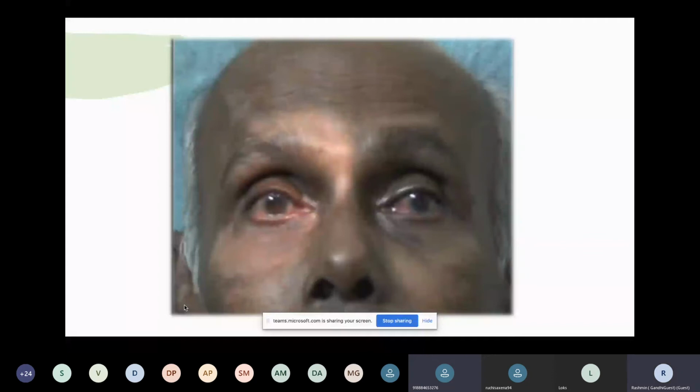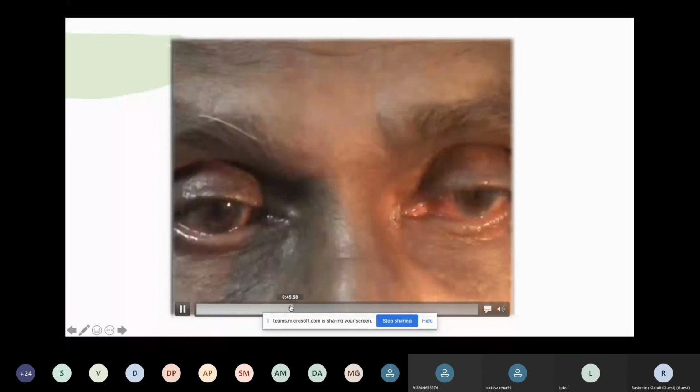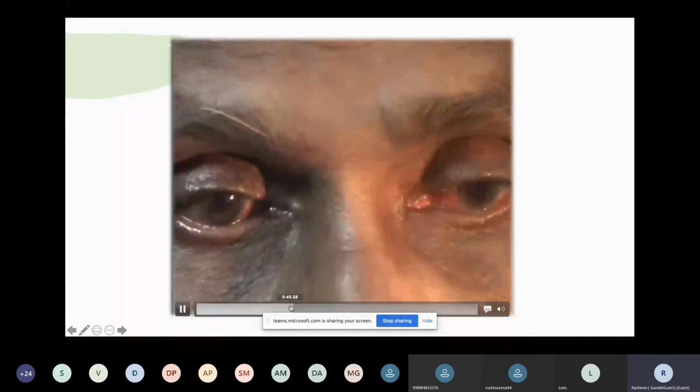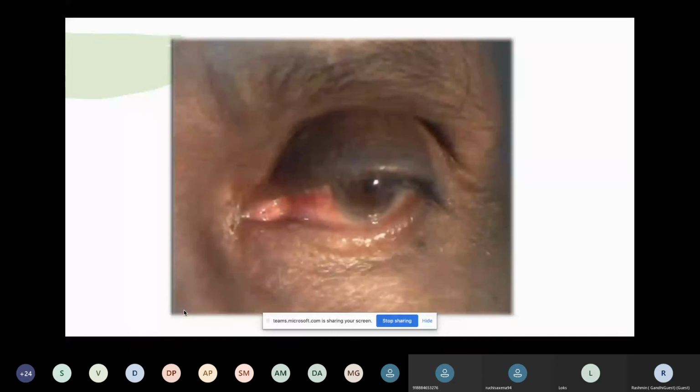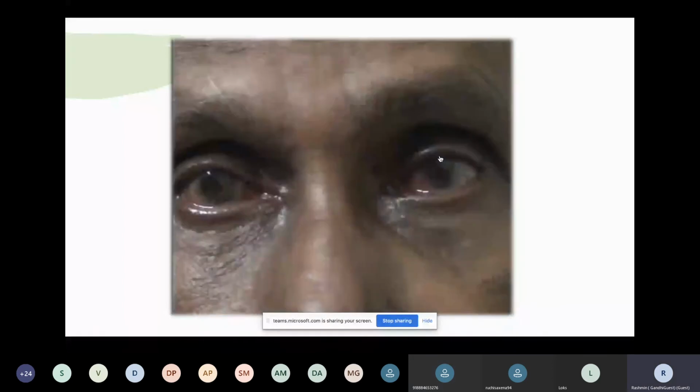There is no movement of the eye. In the 70s, no ptosis, but no movement of the eye at all in any direction. Any idea?